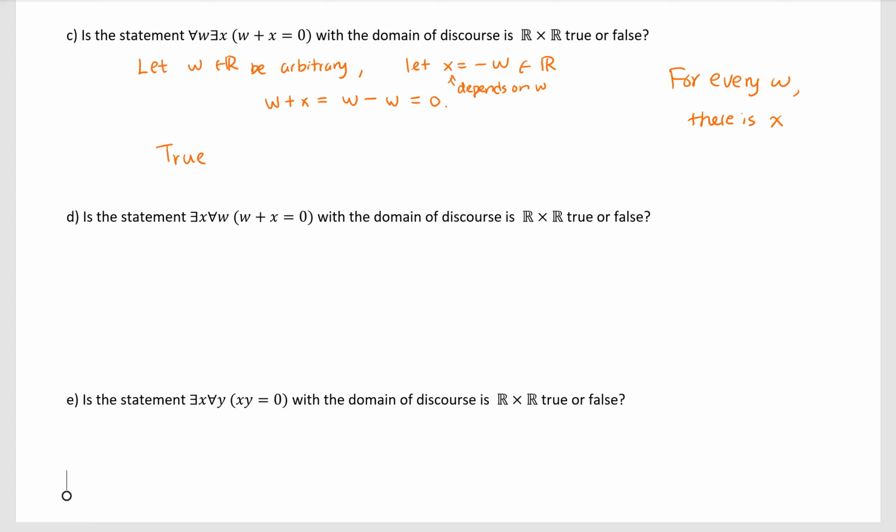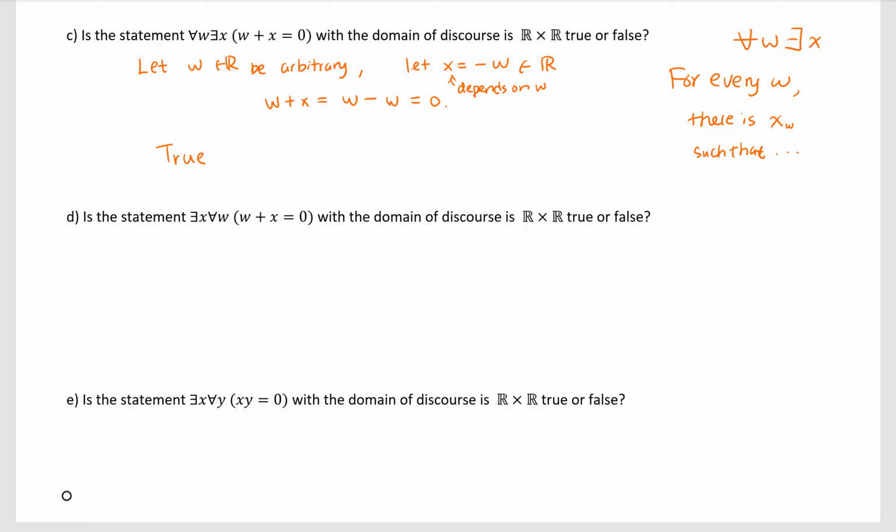This x depends on w, so we can put in the subscript here. So this x depends on w such that blah blah blah happens. Okay, this is for all, there exists.